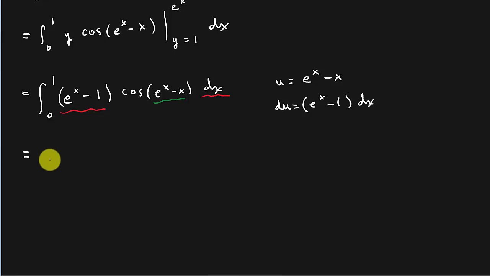So this is the integral of cosine u du. Remember, since we changed our variable, we have to change our bounds. These bounds are in terms of x, but now we're in terms of u.